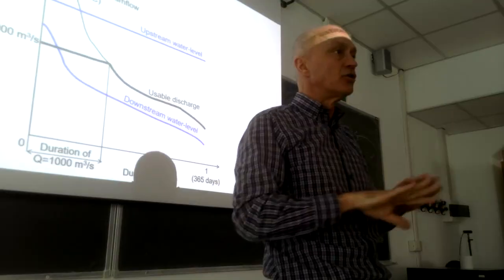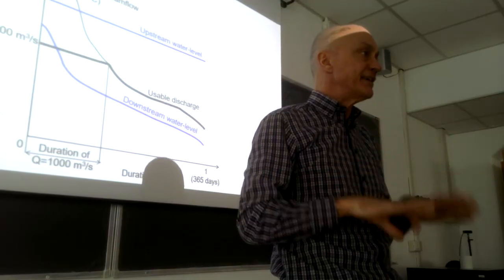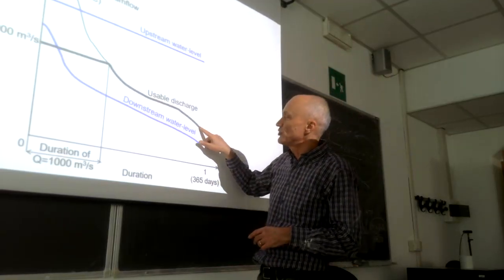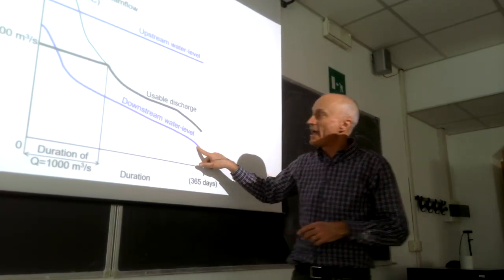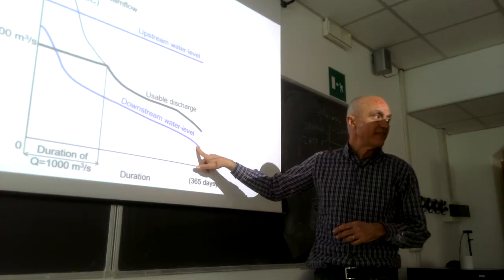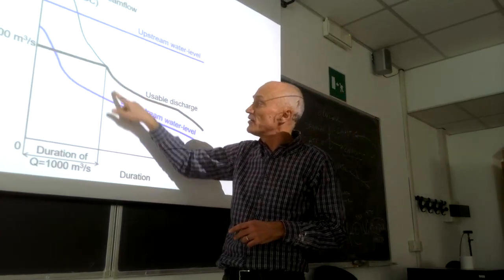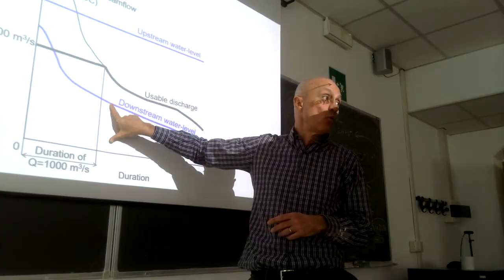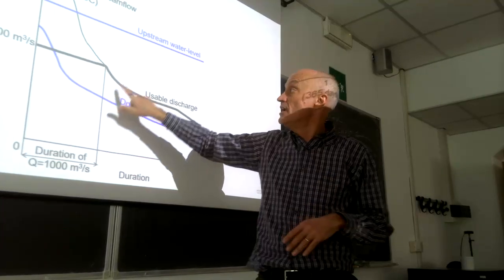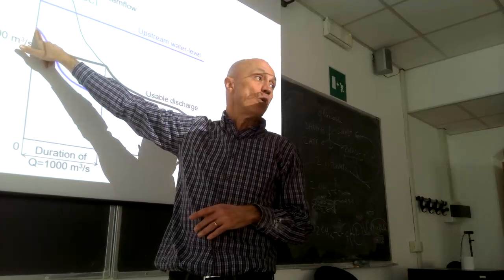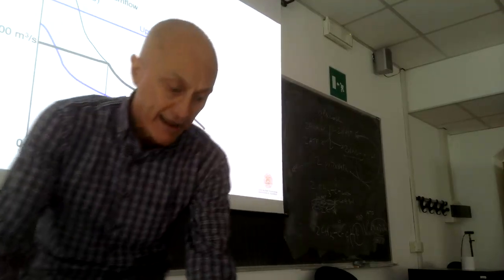If the discharge is super high, you will have a super high water level in the tailwater. Why? I say this again, because the water level here is controlled by the stream flow that is flowing through the main channel, okay?